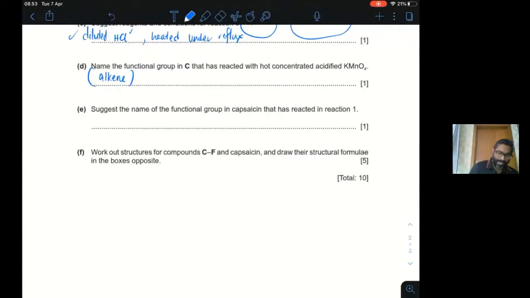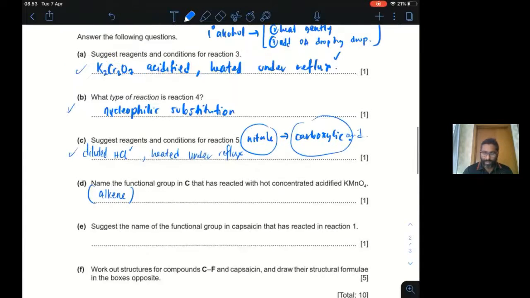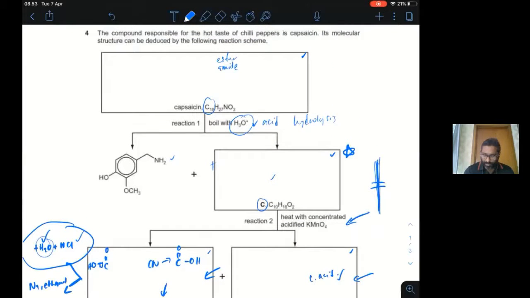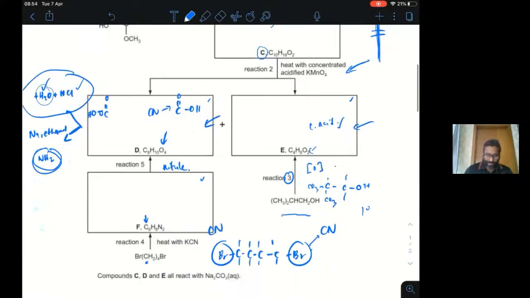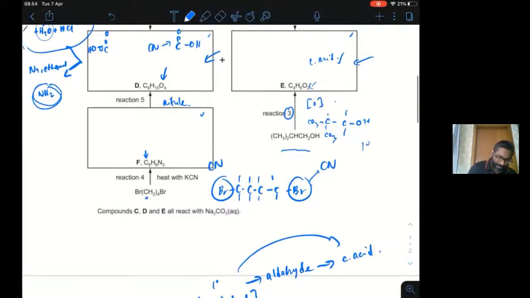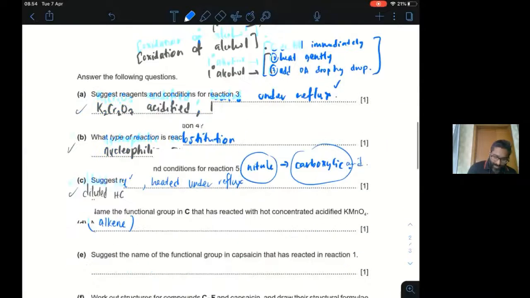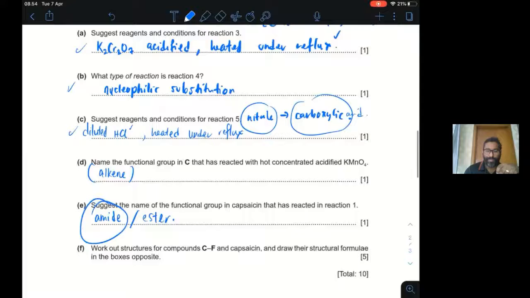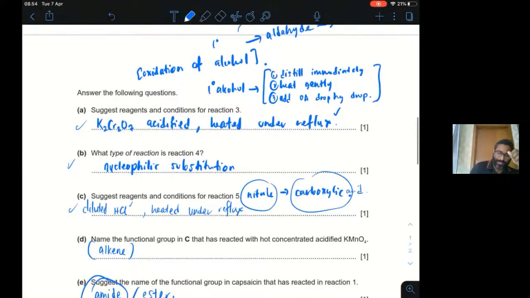I think it is better to put it as amide, because there's NH2 and carboxylic acid here. But do remember, the answer can be amide or ester. I'm putting it as amide because it's easier for me to draw this structure later.